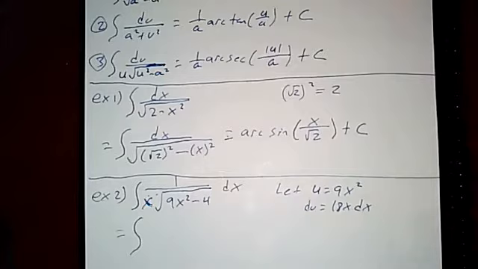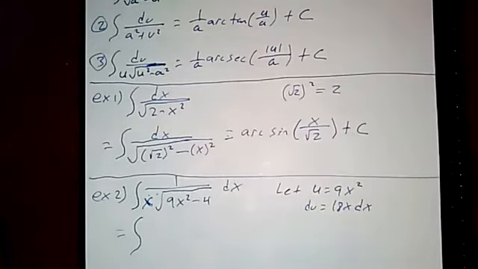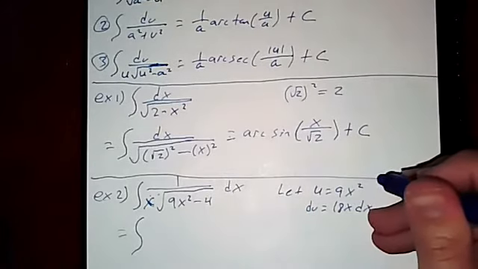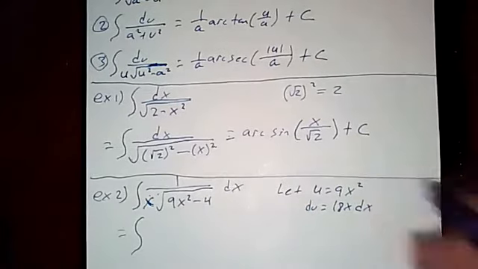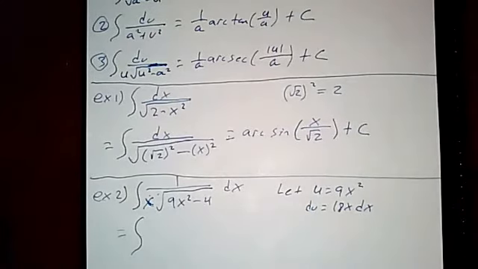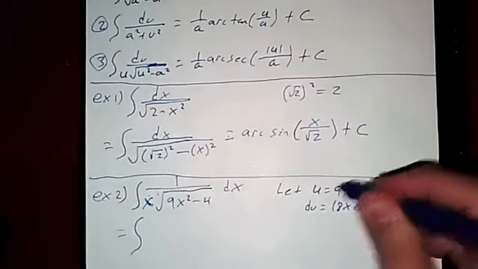I'm sorry, that's not a good idea. Hold on 1 second, let me think about this. What's a good way to sub here? I think u should be 3x, not 9x.